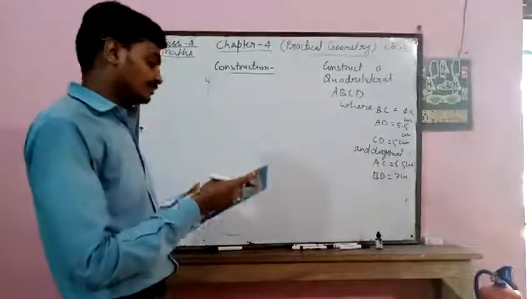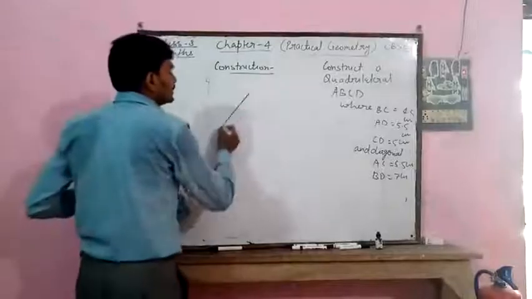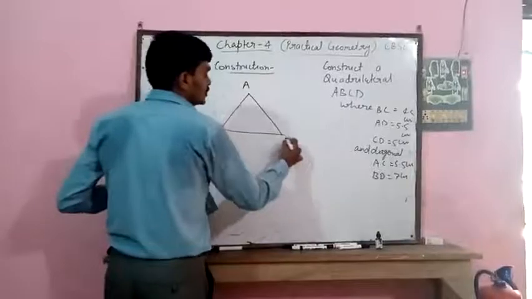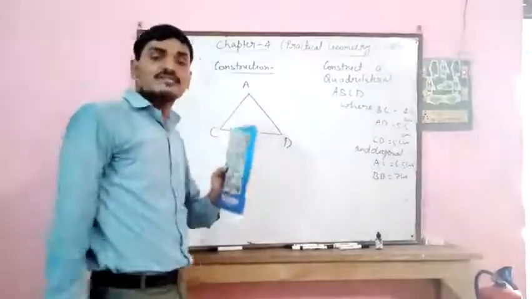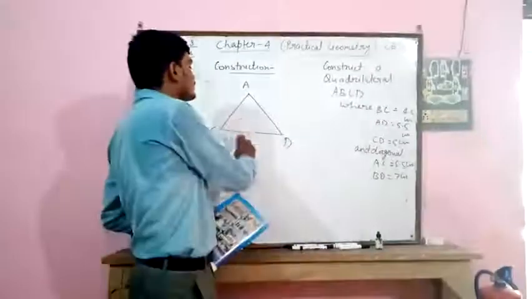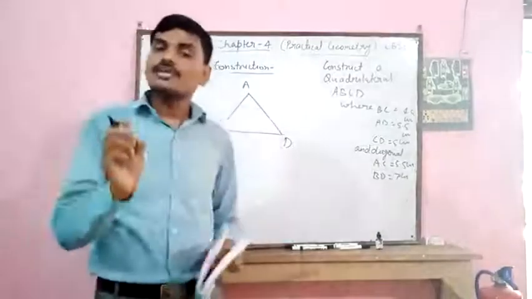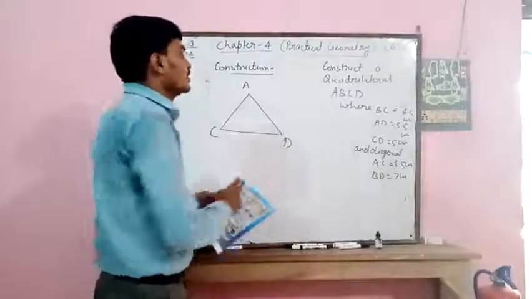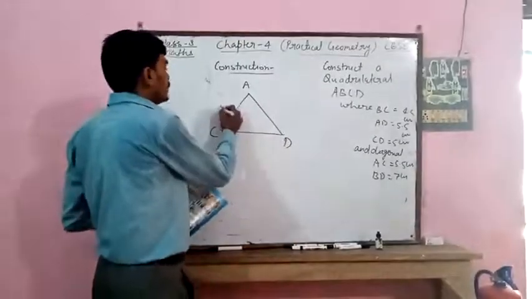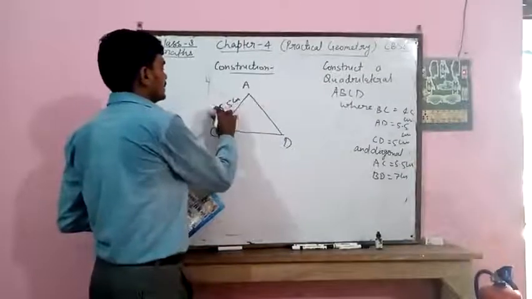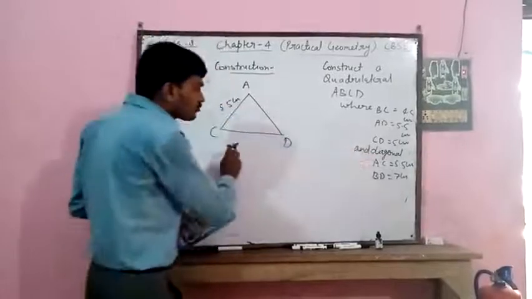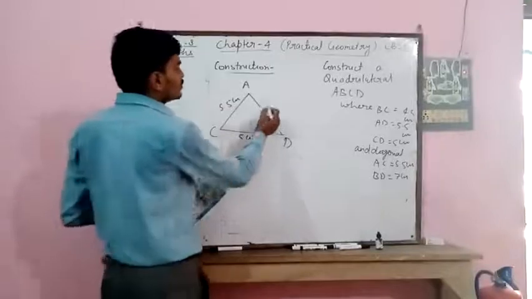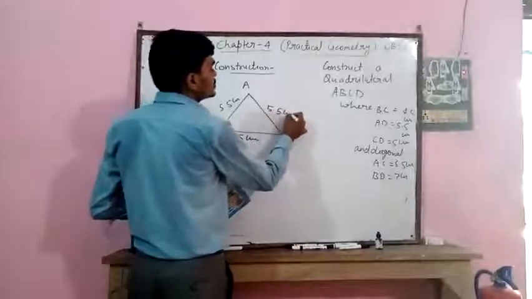First of all, draw triangle ACD using SSS criterion, where AC is equal to 5.5 cm, CD is equal to 5 cm and AD is equal to 5.5 cm.